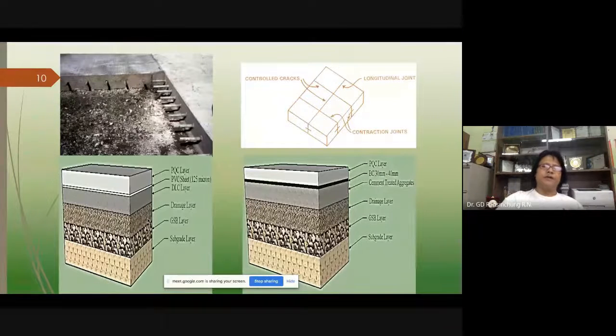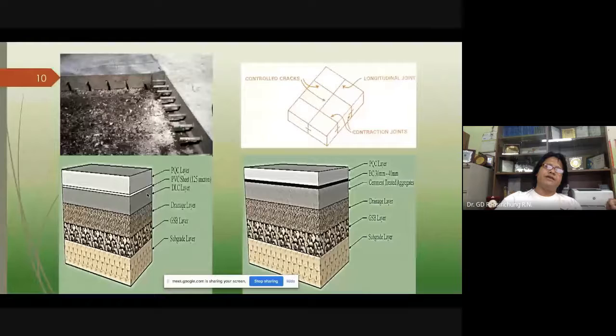And then subsequently, DLC layer is constructed. DLC layer is also known as a subbase layer, but this would be termed as an upper subbase. And on top of this DLC layer, we provide a separation layer of PVC having 125 micron thickness.